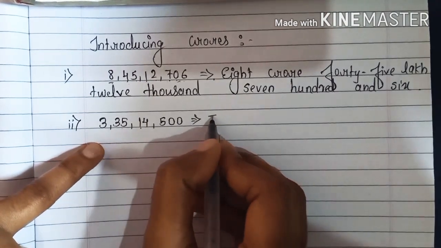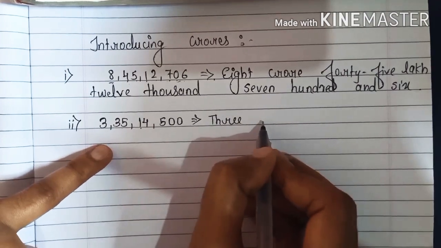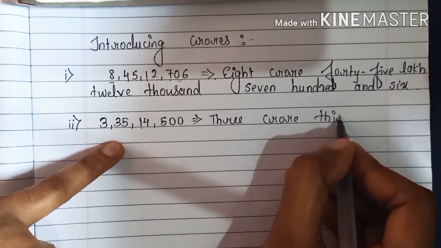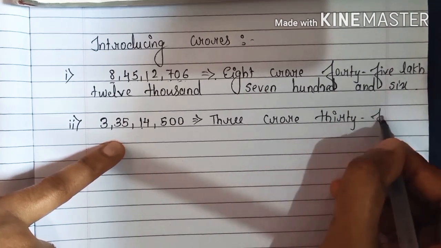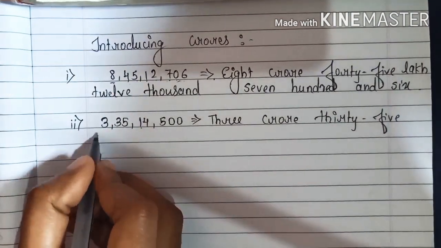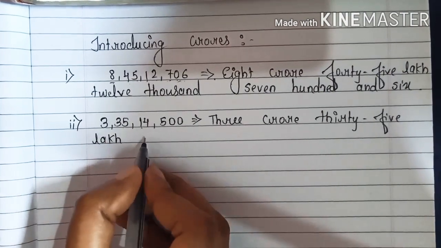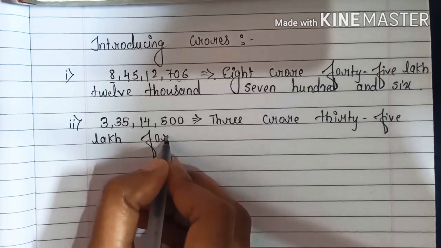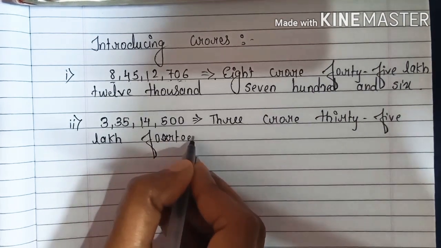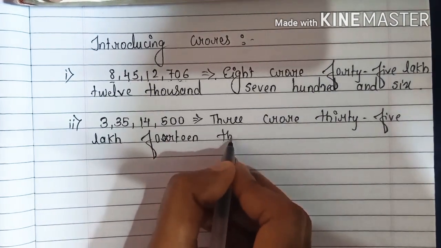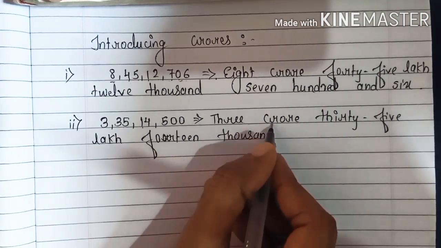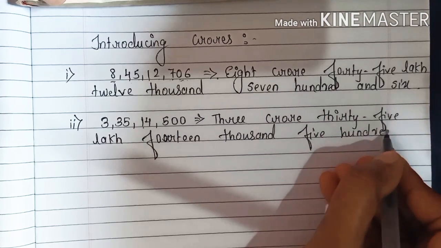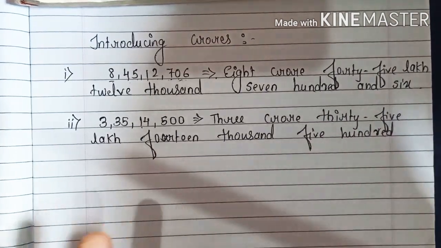So let us write this in words. This will be 3 crore 35 lakh 14,500. So in this way you can write and read the 8-digit number.